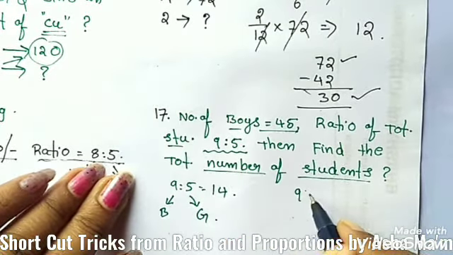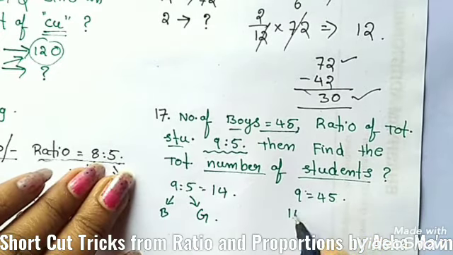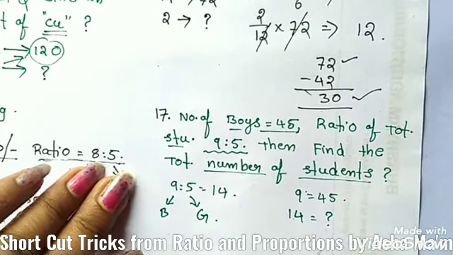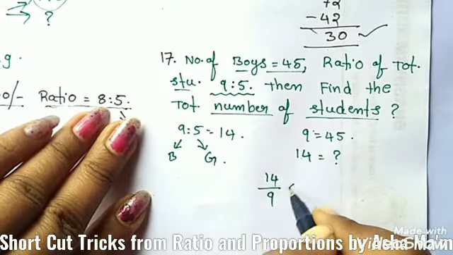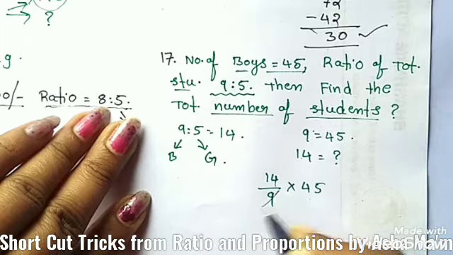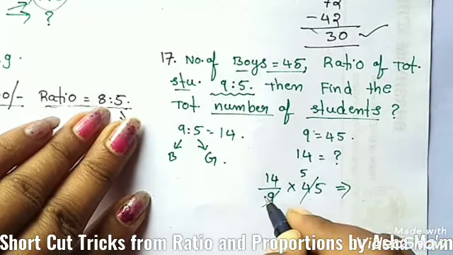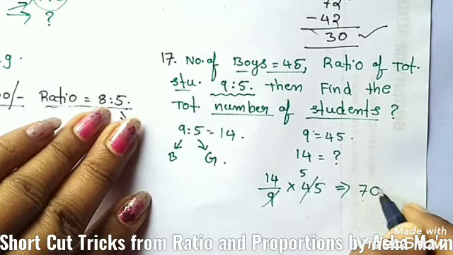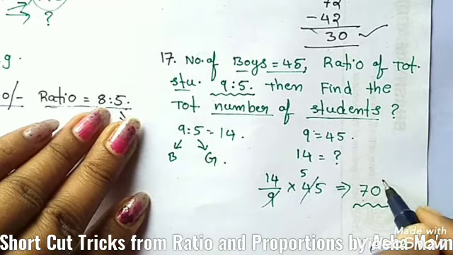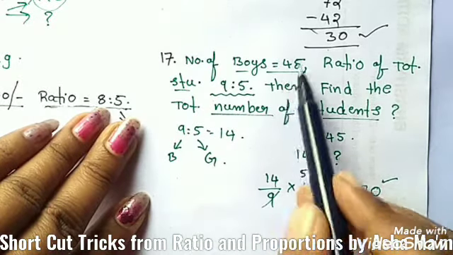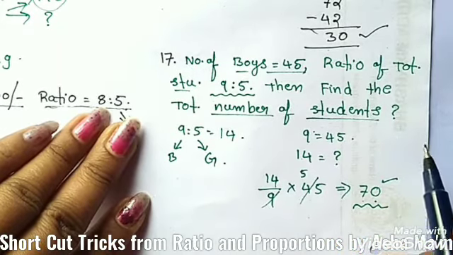Now 9 is equal to 45 boys number. Now for 14 is equal to how much? So 14 by 9 into 45. 9 should be cancelled here in this 45 5 times. So 14 into 5, that is 70. So the total number of students is 70. If you subtract 70 minus 45, you should get the number of girls. This is question number 17.